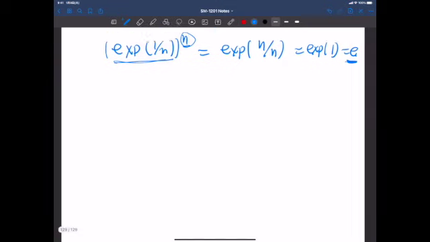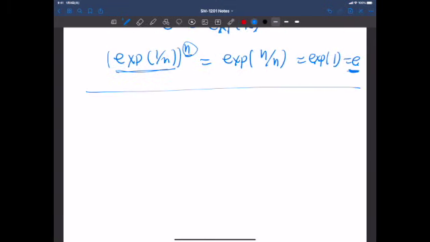Okay, and next, any rational number, m over n. So this is a rational number, where m and n are integers and n is not 0.